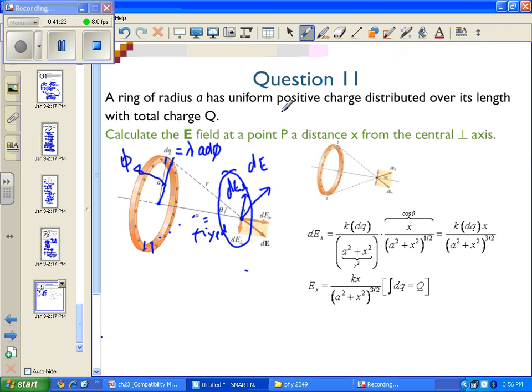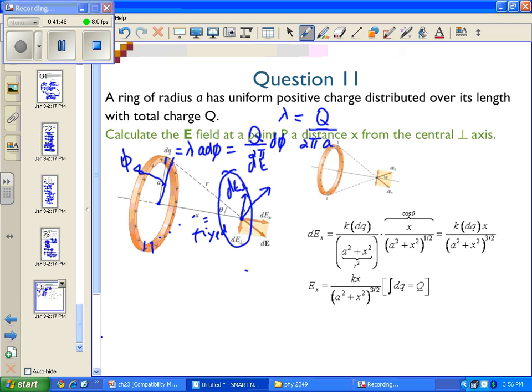And of course, we know that lambda is equal to capital Q over 2 pi a, okay, total charge over total length. And so we can make that substitution here for lambda, and you can see that the a's are going to cancel, and this becomes Q over 2 pi d phi.